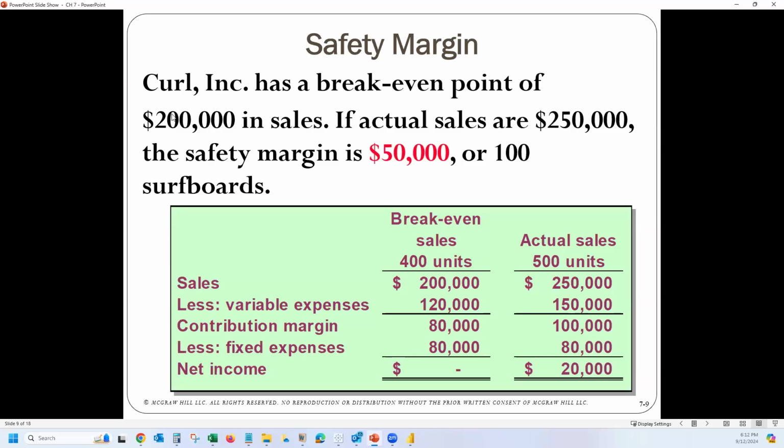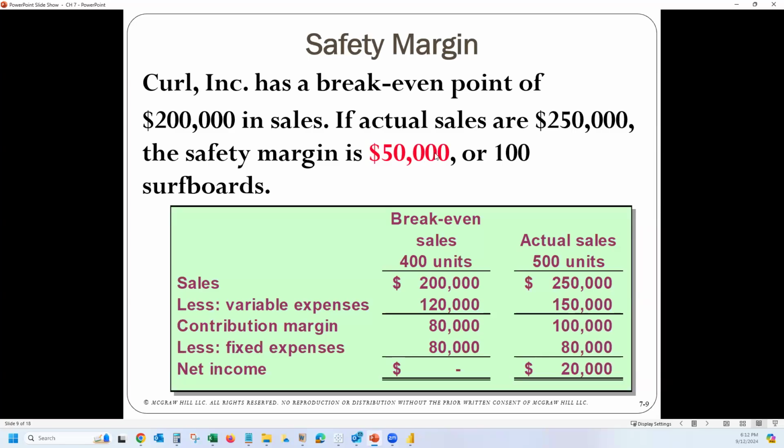Because at this amount of $200,000, the company will cover their variable cost and their fixed cost. So if they are currently selling $250,000 as their current sales, it means that their sales will need to decline by $50,000 before they start making losses.